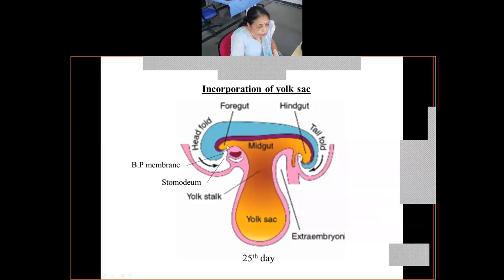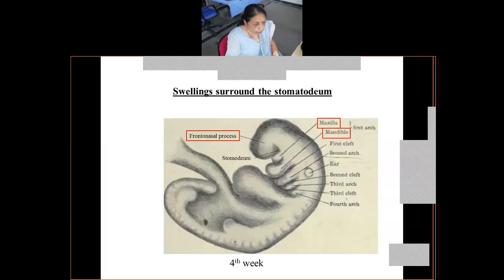So the ectoderm and endoderm come in contact with each other, and that is known as the buccopharyngeal membrane. The area in front of that, which is continuous with the amniotic sac, is known as the stomatodium. Similarly, on the tail fold, a cloacal membrane is formed between the ectoderm and the endoderm. By about the 23rd day, at the end of the fourth week, the buccopharyngeal membrane ruptures.